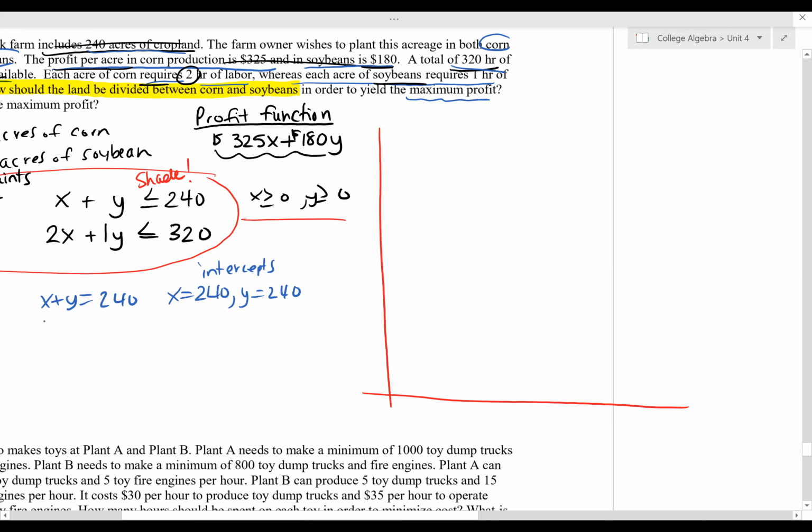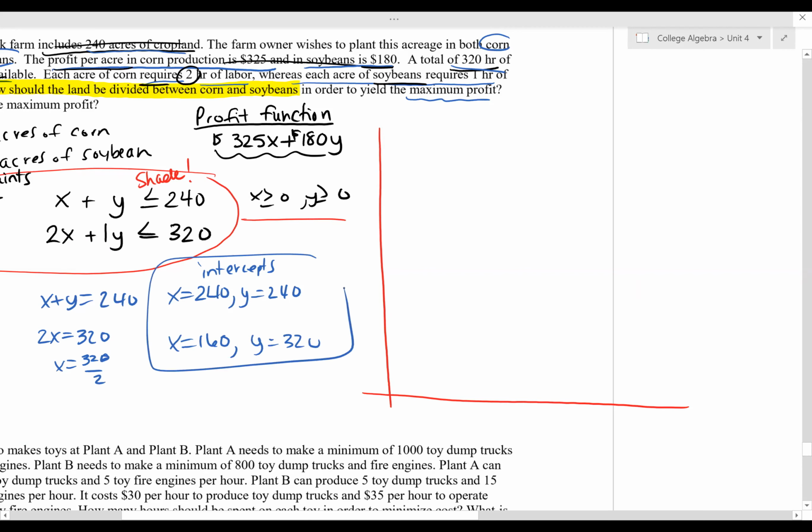Well, if we let Y be 0, we have 2X equals 320. So X is 320 divided by 2, which is 160. And then if we let X be 0, we just get Y equals 320. So find your intercepts, and that lets you pick an appropriate scale for graphing by hand on your system.